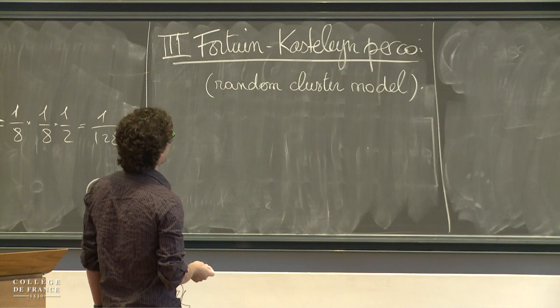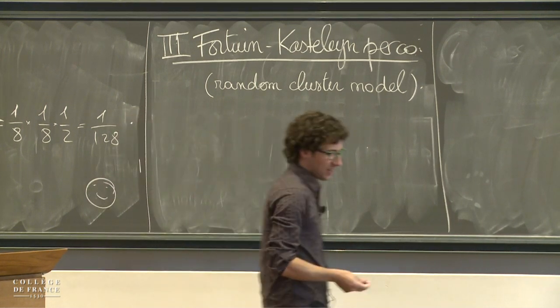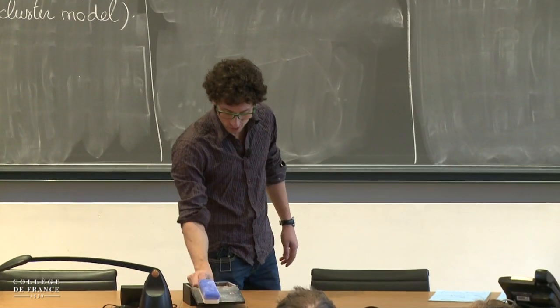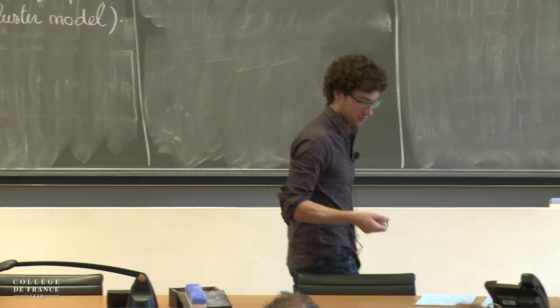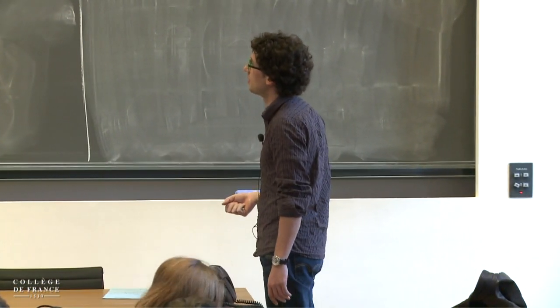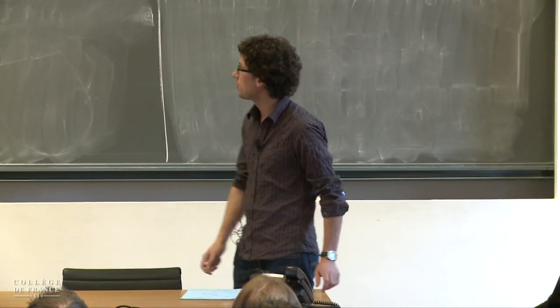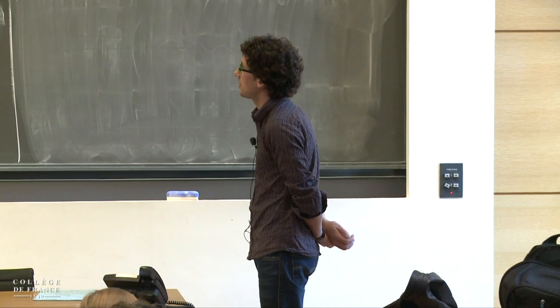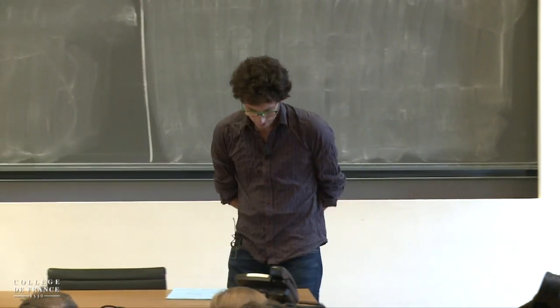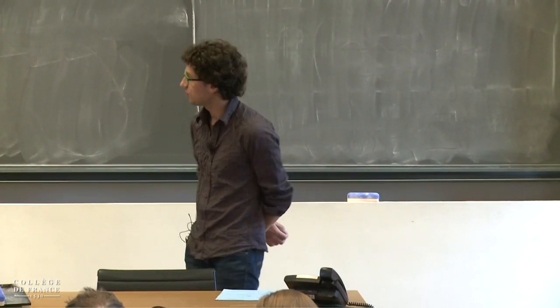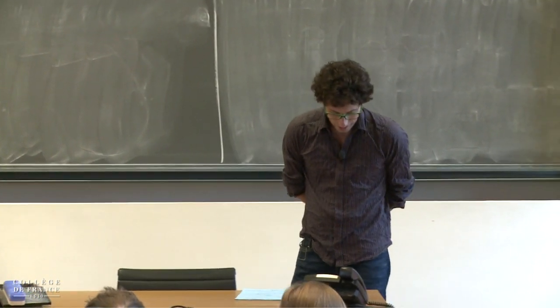I basically dislike both names, but random cluster models, there are many ways of doing random clusters, so I don't like this name. And Fortuin-Kasteleyn percolation, it's a good name because that's the name of people who introduced it, but it's too long to write. And too difficult for me to remember.